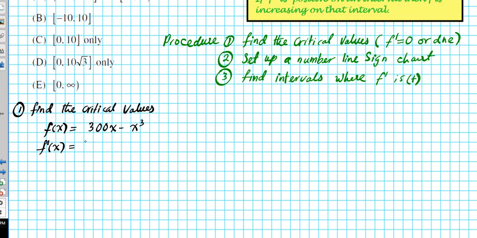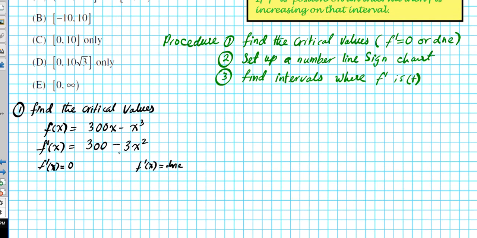Applying the power rule, the derivative of 300x is just 300, and the derivative of x to the third is negative 3x squared. Now to find the critical values, we're going to see where f prime of x equals 0 and where f prime of x does not exist.